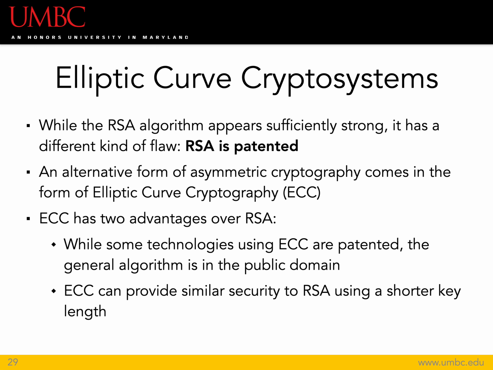And so elliptical curve crypto is the alternative that is not encumbered by patents, if that's an important piece of your infrastructure. ECC also provides the same kind of security using a somewhat shorter key length. It's a little bit more computationally intense in terms of actually doing encryption, but it can be basically the same level of security using a slightly shorter key length.